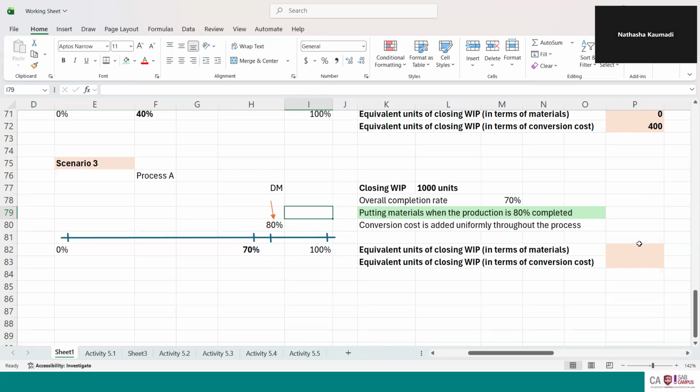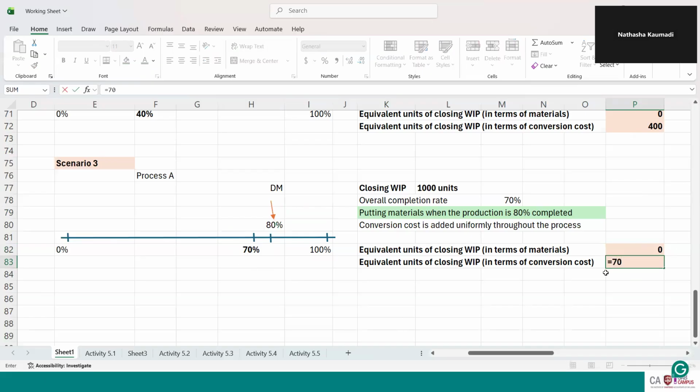How many equivalent units are there? 0% multiplied by 1000 units, 0 units. How many equivalent units are there in terms of conversion cost? We have completed 70%. That means 70% multiplied by 1000 units, 700 units. Okay.